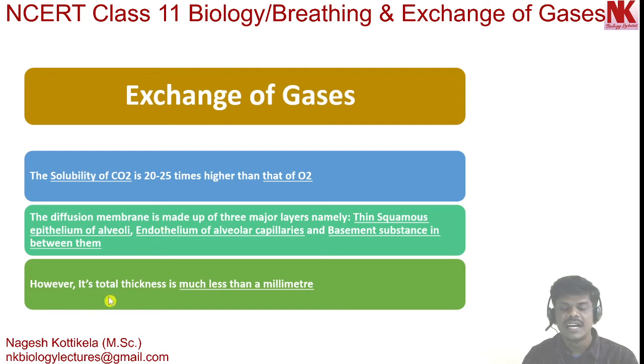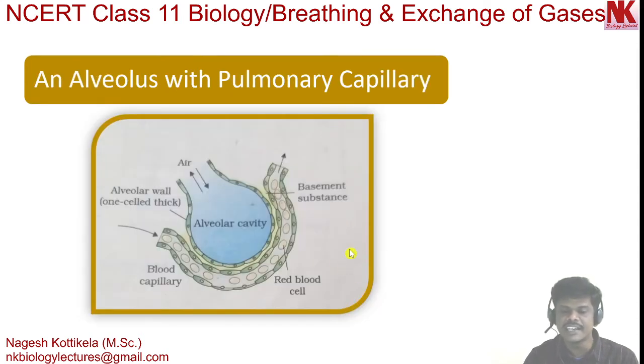However, its total thickness is much less than a millimeter. Even though there are three layers, the total thickness is much less than a millimeter. You can see here, this is alveolus and this is the capillary, alveolar capillary, and between these two the basement substance.